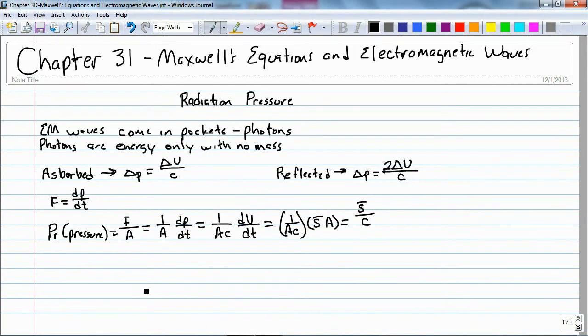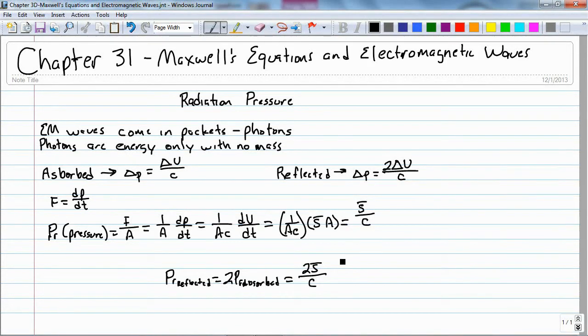And if we do this through again, except for reflected, our pressure for the reflected is equal to 2 times the pressure of the absorbed, and so that's just going to be 2 times the average Poynting vector divided by c.